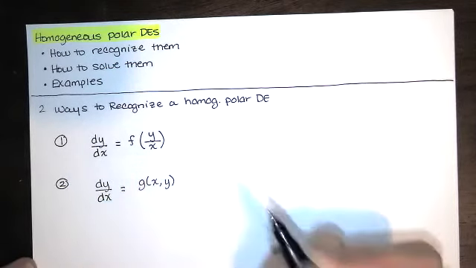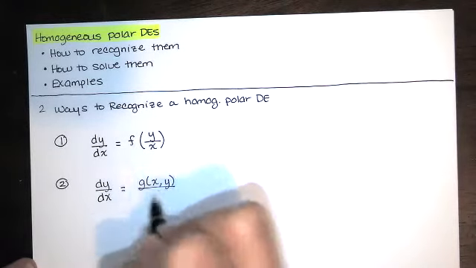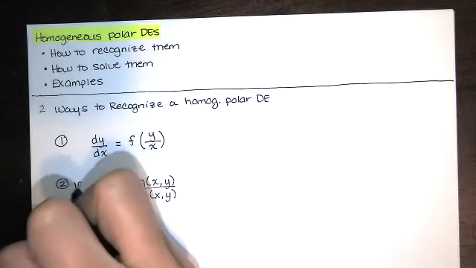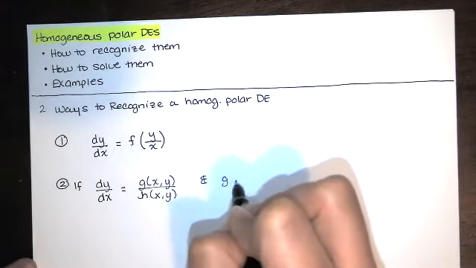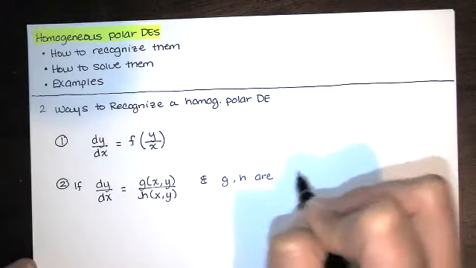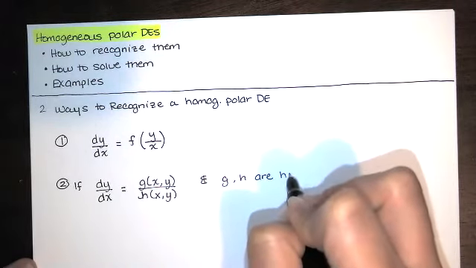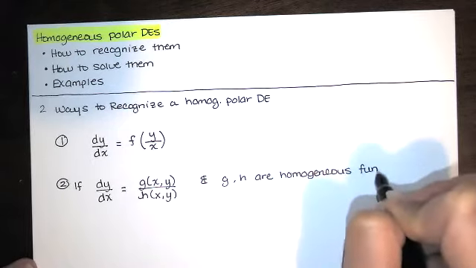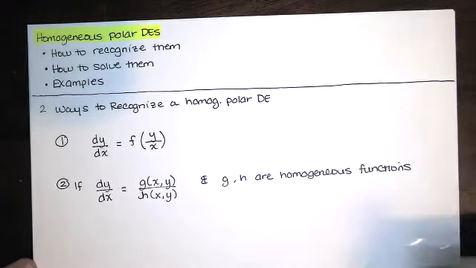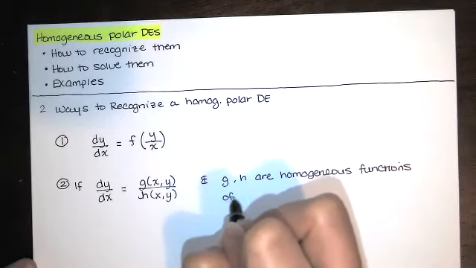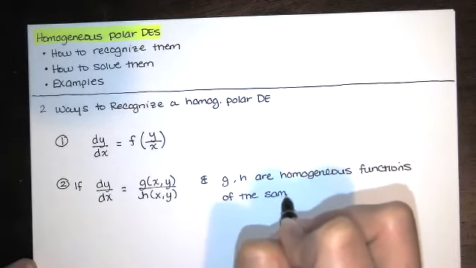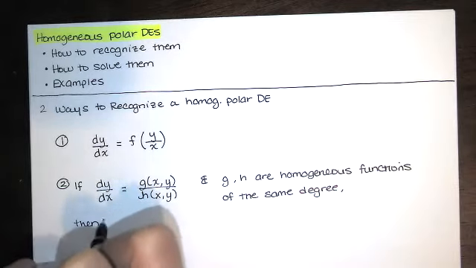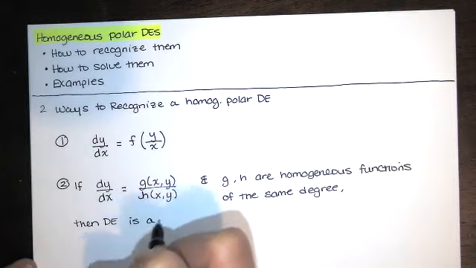Now, if the first derivative of y with respect to x can be written this way, and g and h are what are called homogeneous functions of the same degree, and I'll tell you what that is in a minute, then the differential equation is a homogeneous polar differential equation.